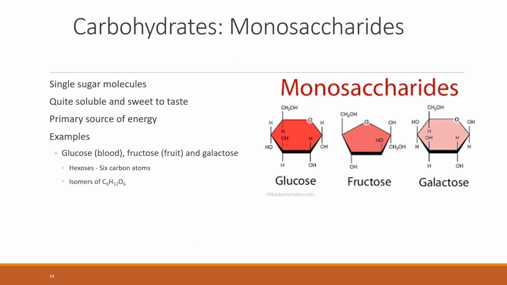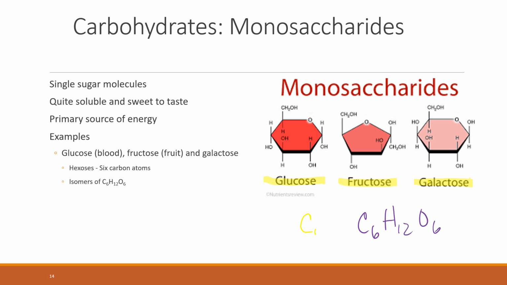So again, the monosaccharides that are important physiologically that we'll be talking about are glucose, fructose, and galactose. And this shows they're all C6H12O6.